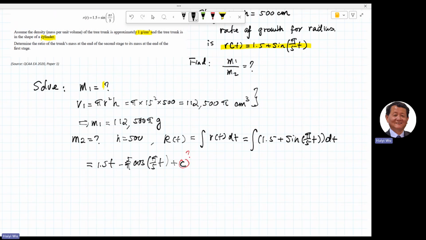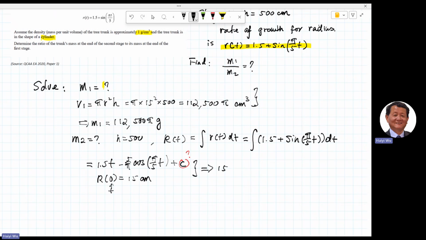So let's substitute. In order to find the c, we need to decide the initial radius. We know the second stage initial radius, that means the initial radius when t equals 0 was 15 centimeters. So we substitute into the radius formula.